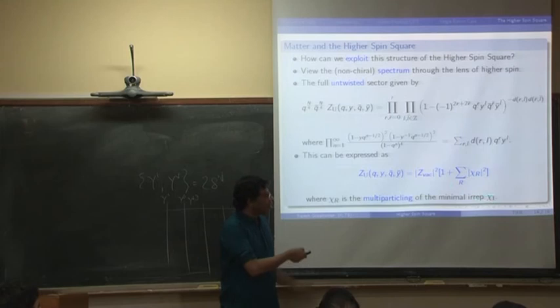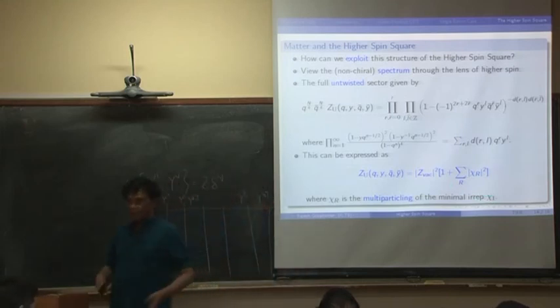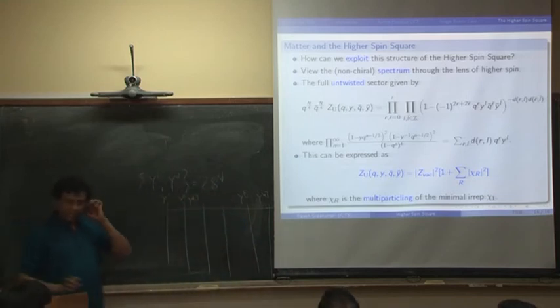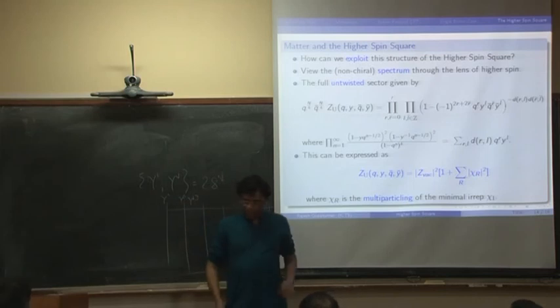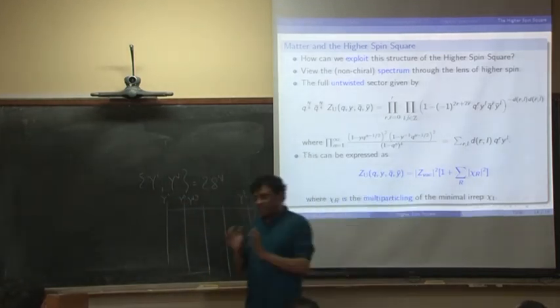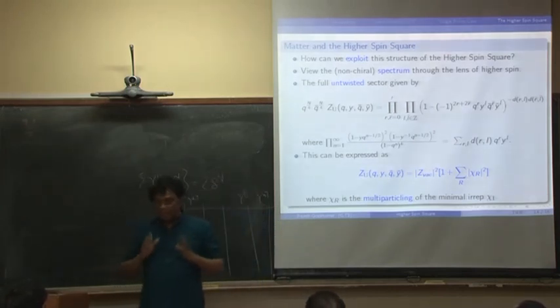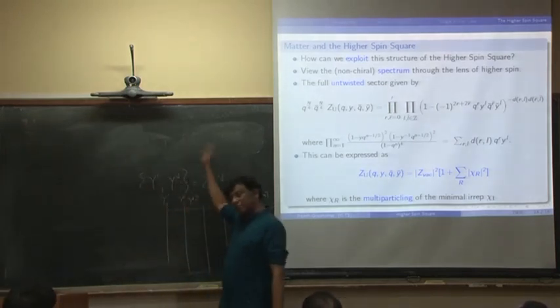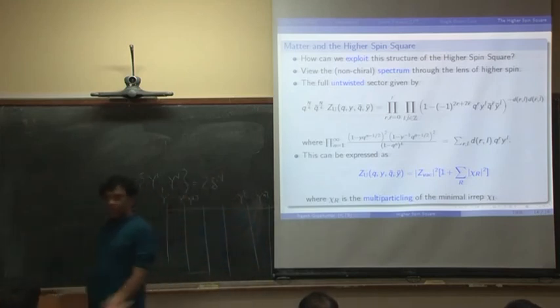If you wish, they are in the tensor power representations, symmetric tensor powers. But the tensor powers are viewed as representations of what algebra? Of this higher spin algebra. This minimal representation is the simplest representation of this bigger, full higher spin algebra. The full thing, the full chiral algebra.